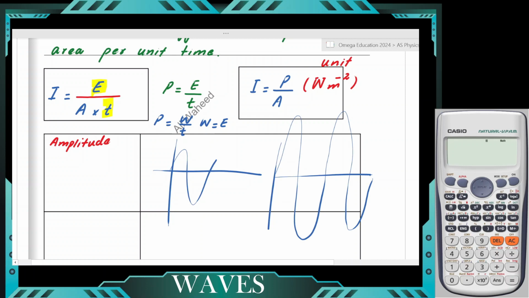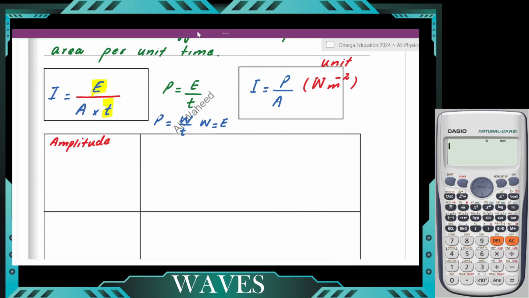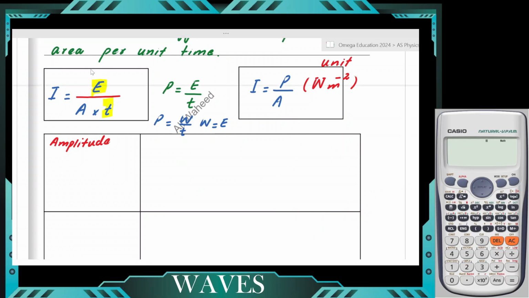The amplitude of a sound wave refers to the loudness of the sound. We study that in O levels. So the louder the sound, the more intense it is, because more energy can be transferred per unit time over a certain area. For that simple reason, we can safely say the more the amplitude, the more the intensity.